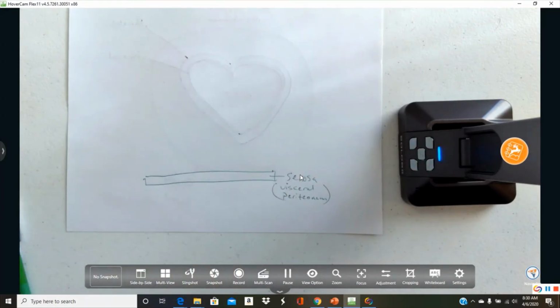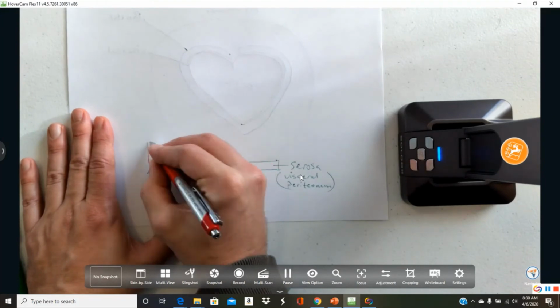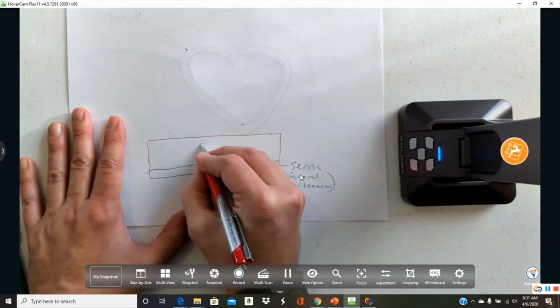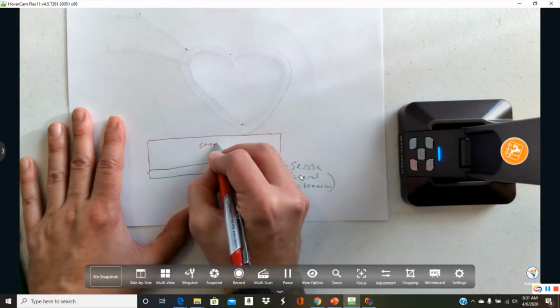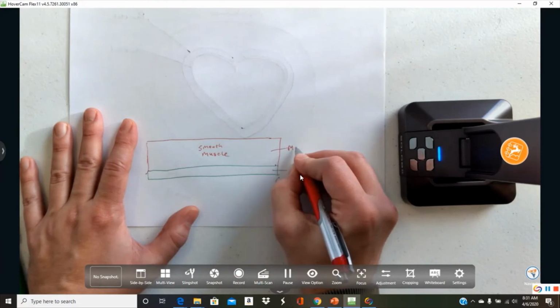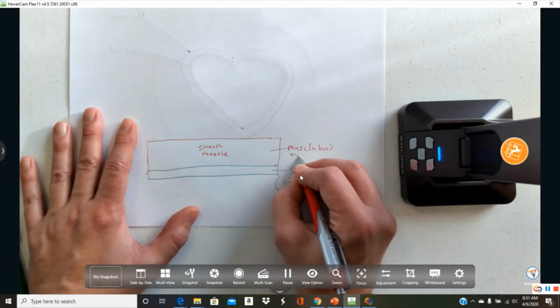So now with red, I'm going to draw muscularis externa. And we're going to write in here smooth muscle and muscularis externa.